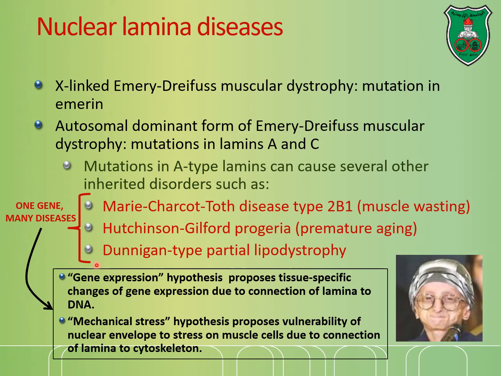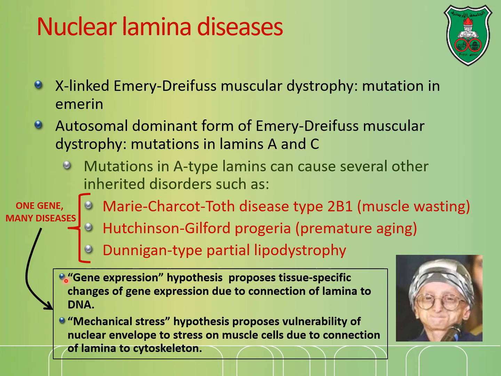And the thing is, how is it that you have one gene causing many diseases? Okay. And we'll talk about this further in the genetics part. But the idea is that the interaction between lamins and the chromatin, lamin and DNA, might result in changes of gene expression.